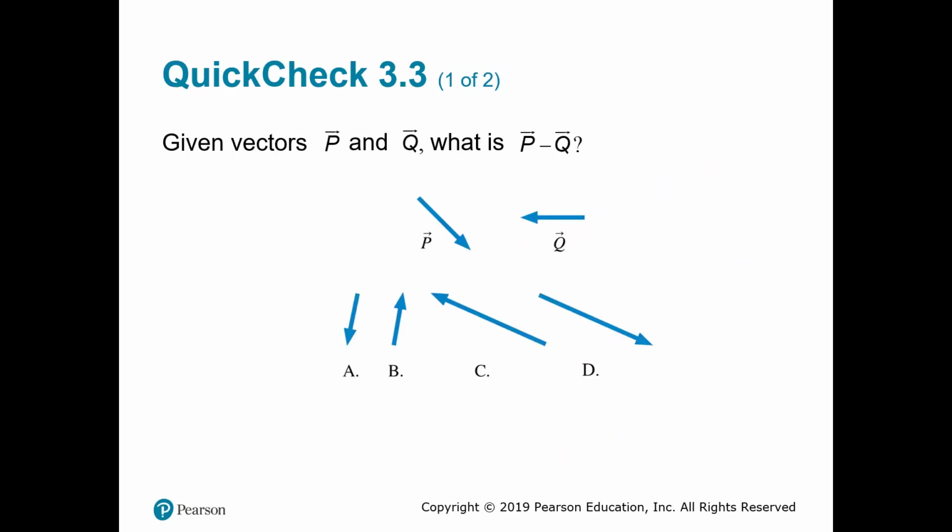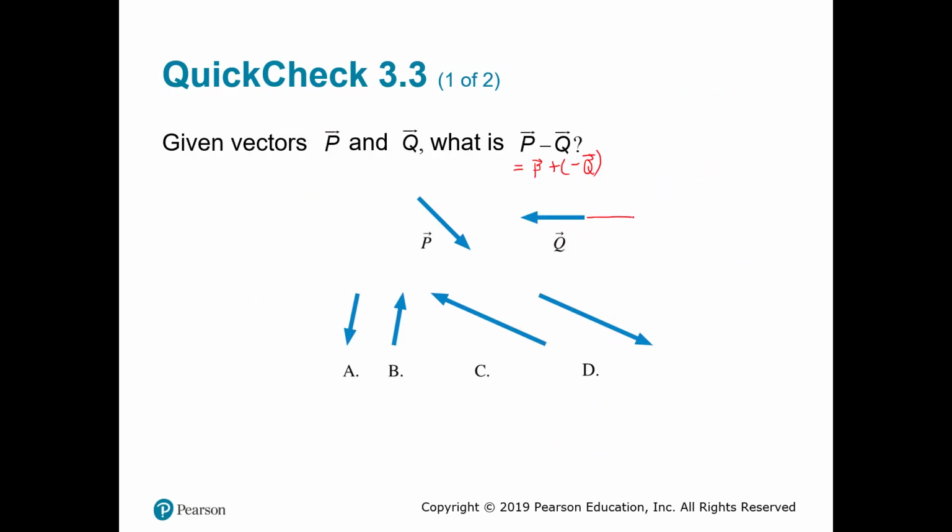So what is the P minus Q vector? Again, P minus Q vector is what? P vector plus minus Q vector. So you have to draw minus Q vector first. Because this is a Q vector, minus Q vector is what? The same magnitude, opposite direction.